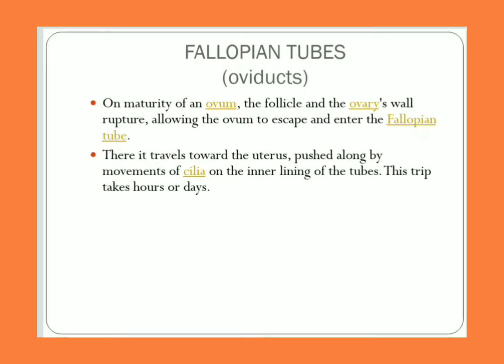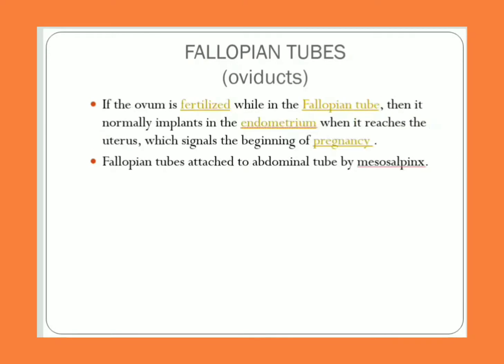On maturation of the ovum, the follicle and the ovary's wall rupture, allowing the ovum to escape and enter the fallopian tube. There it travels toward the uterus, pushed along by the movements of the cilia on the inner lining of the tubes. This takes hours or days.